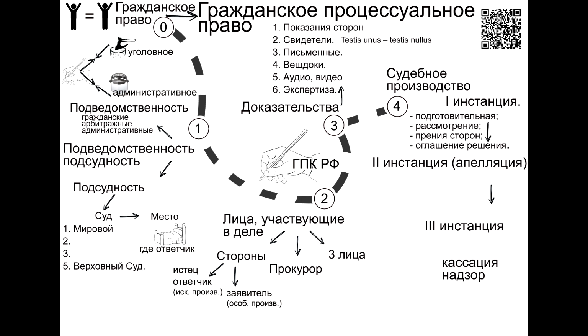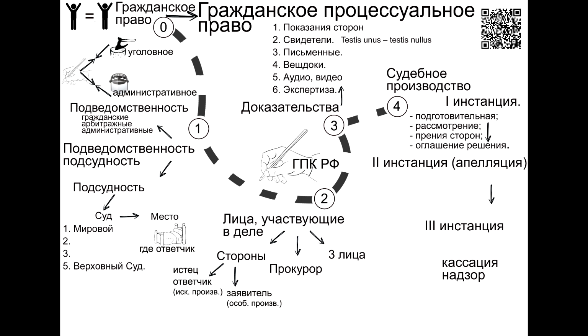Notifying interested parties, appointing a court session, inviting the parties to disclose evidence, explaining their rights, requesting certain evidence by the court on the basis of requests by the parties, petitions, or on its own initiative, and so on. The relevant decisions are set out by the court in the definitions on the acceptance of the claim for production and on the appointment of a court session.